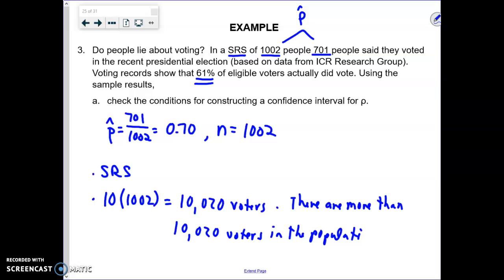For instance, if this was a statewide poll, there's obviously more than 10,000 voters in the state of Nebraska. If it's a national poll, there's millions of voters. So that would mean that yes, our sample of 1,002 would be less than 10% of the population.